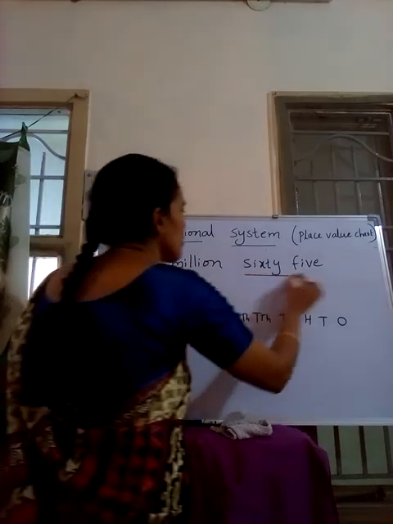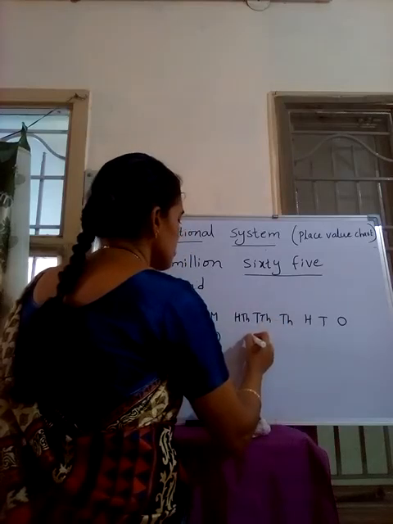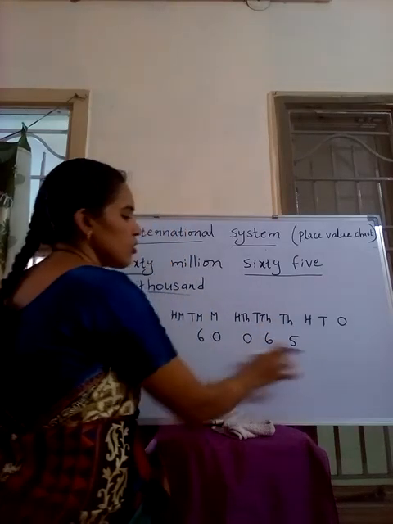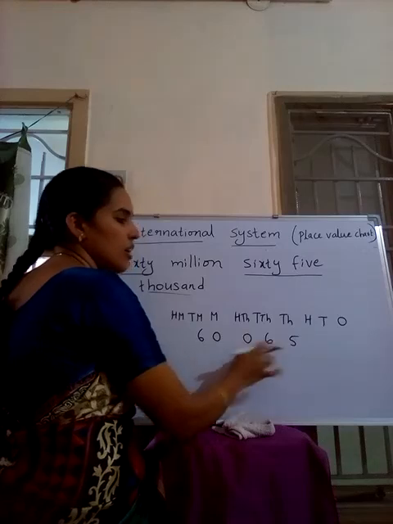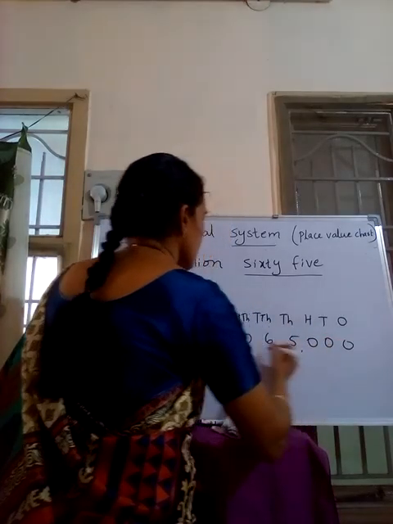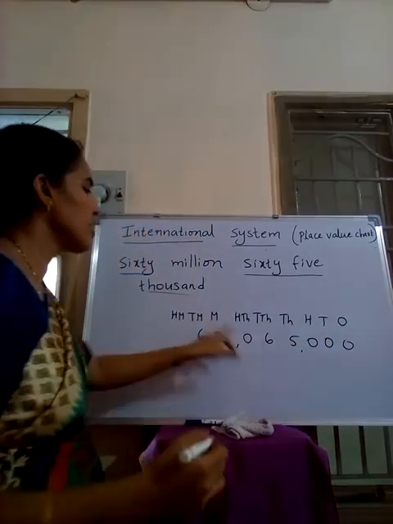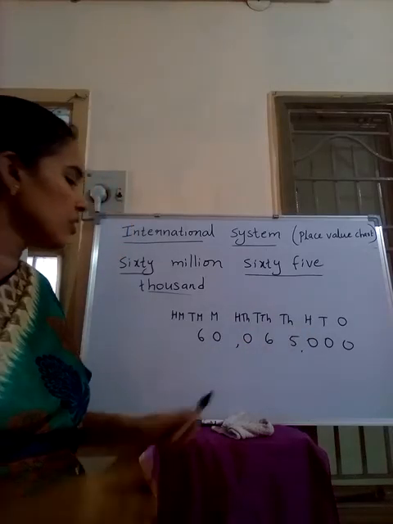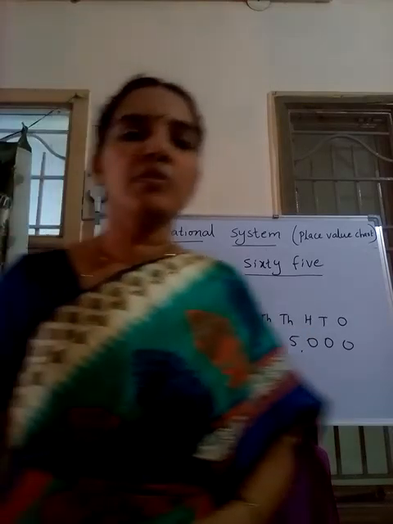How many thousands are there? 65. Hundreds are not there. In the 100,000s place only two digits are there, 65. 065, the value is 65. So 65,000 and the remaining places we write 0. Okay, is it clear? 60 million, 65,000. This is how we write the numeral if the number name is given. Thank you.